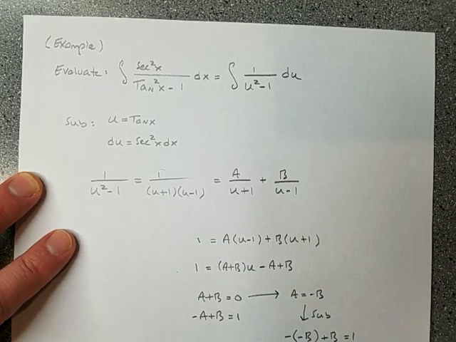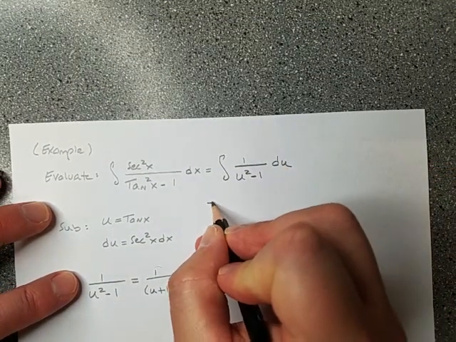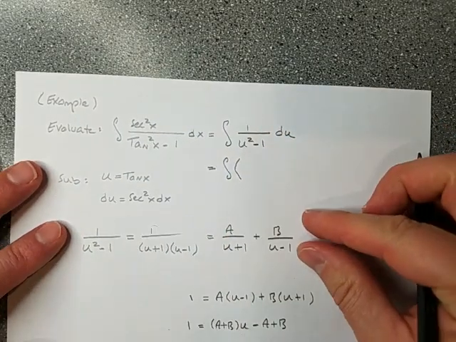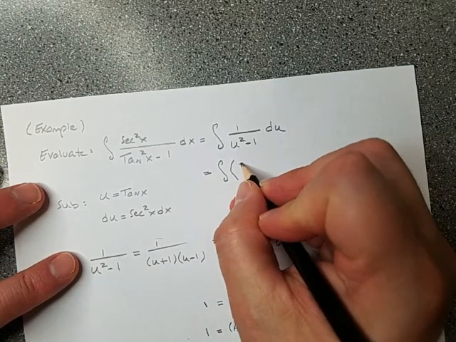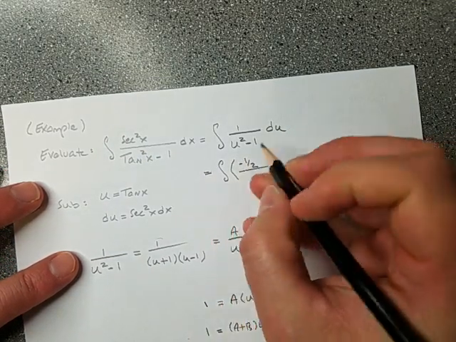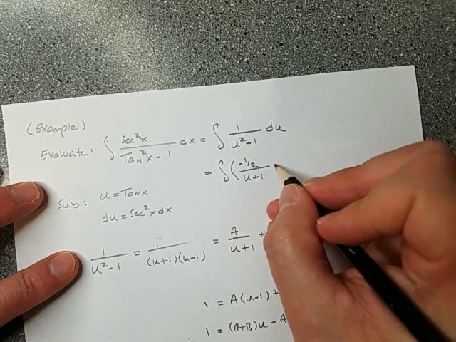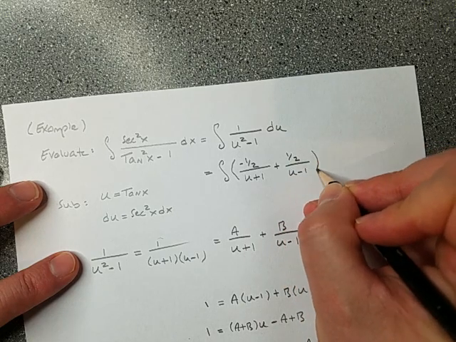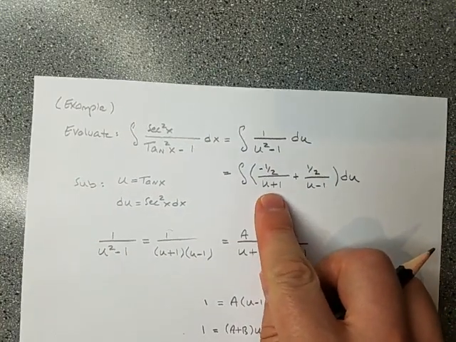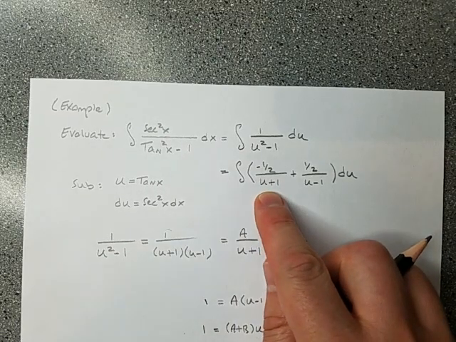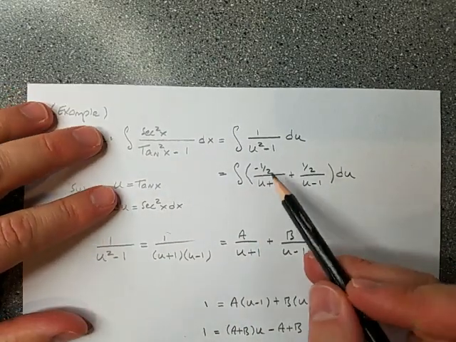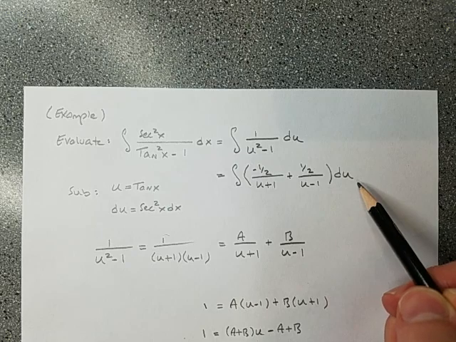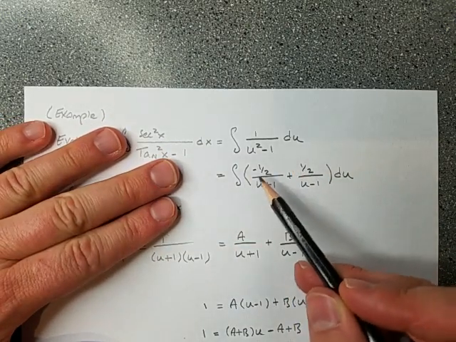So let's go a little bit further. I figured out the decomposition. So it's going to be negative 1/2 over u plus 1 plus 1/2 over u minus 1. I hate to say u substitution again, but it's true. Just think about it like if this was negative 1/2 over x plus 1 plus 1/2 over x minus 1 dx, then I would say, well, that's a u substitution, 1 over u du.